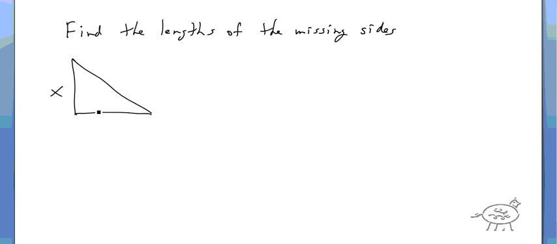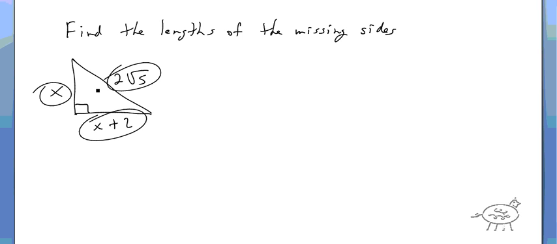So this is x plus 2, and this is 2 root 5. And it's a right triangle. Same deal. It's a squared, so this is a, this is b, and this is c. A, b, and c. So it's x squared plus (x plus 2) squared equals (2 root 5) squared.